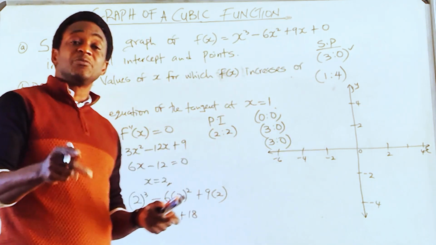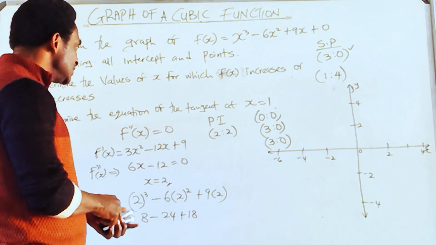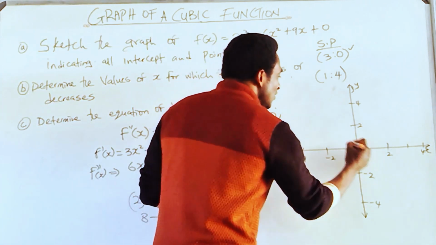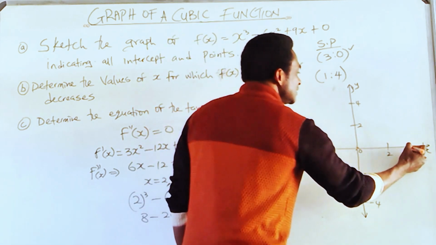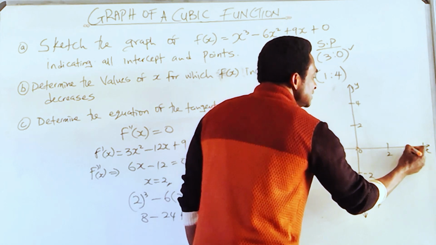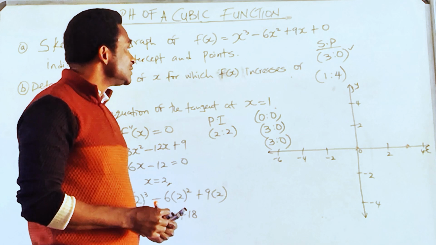The grid lines I will provide for you will guide you. So let's represent our points. I have 0 and 0. I have 3, which is my x-intercept and which will also double as my stationary point.